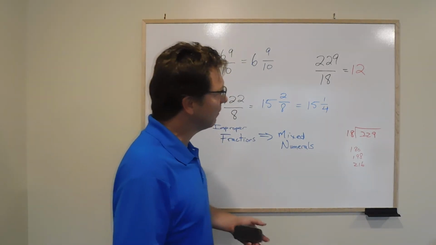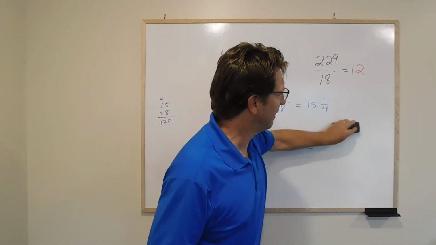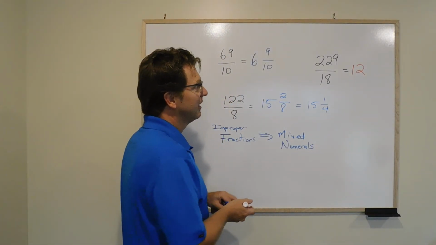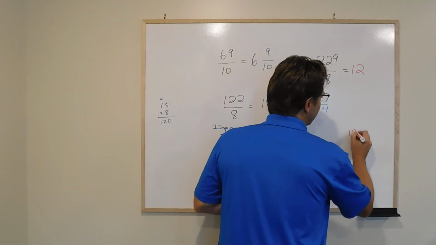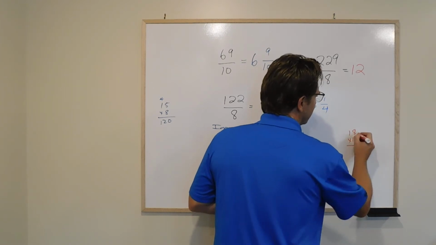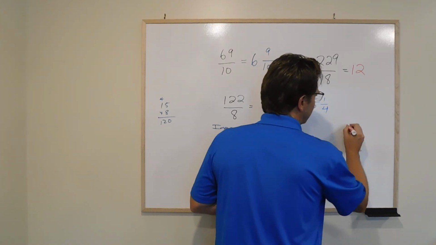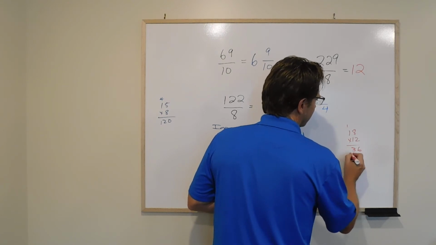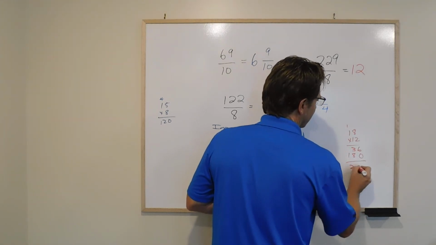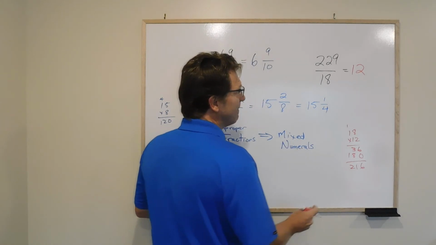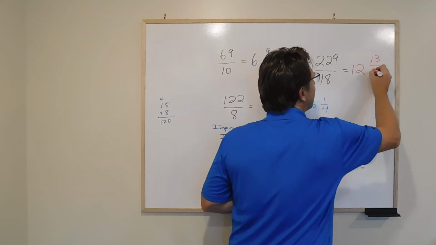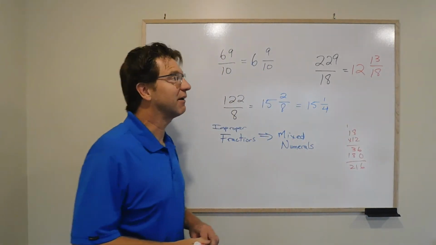But what's left over? And again, I'm not suggesting you use trial and error, but for those people who like it, 18 times 12 looks like 216, like I had. 216 to 229 looks like there's 13 out of the 18 pieces left over.